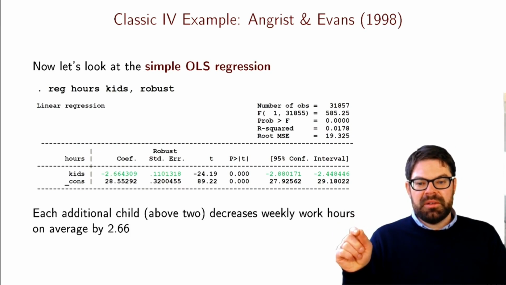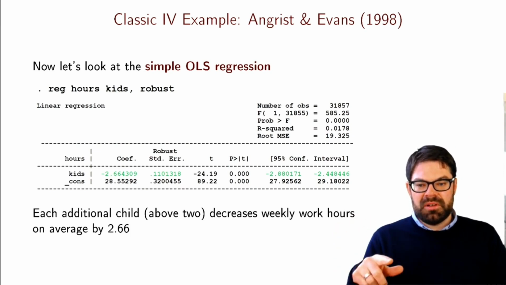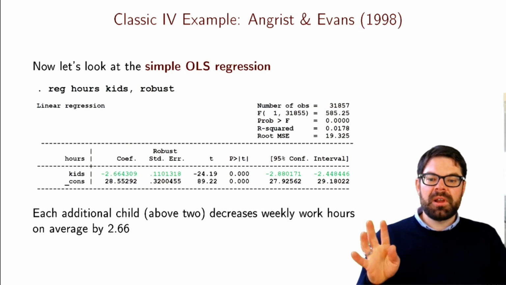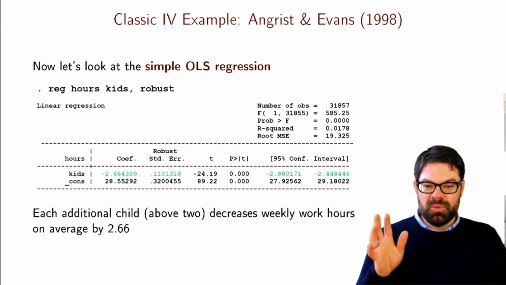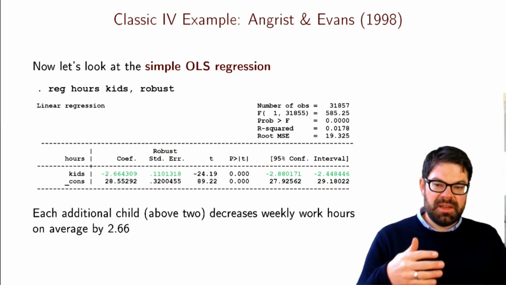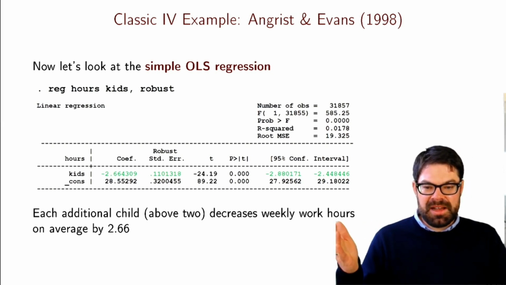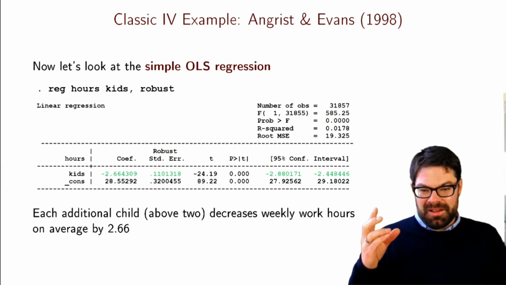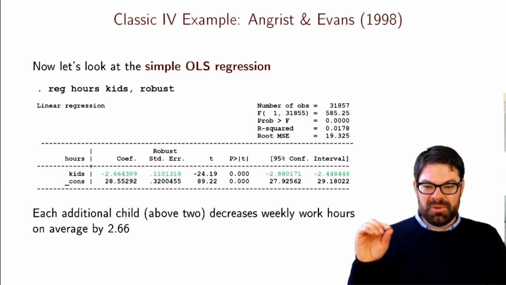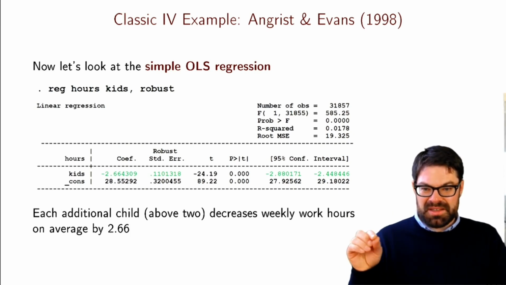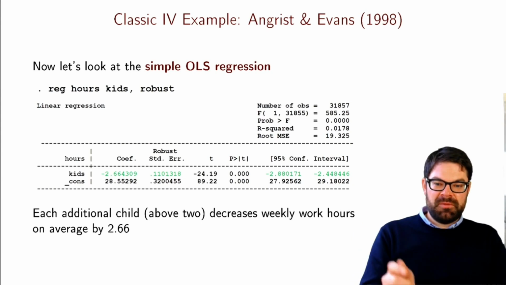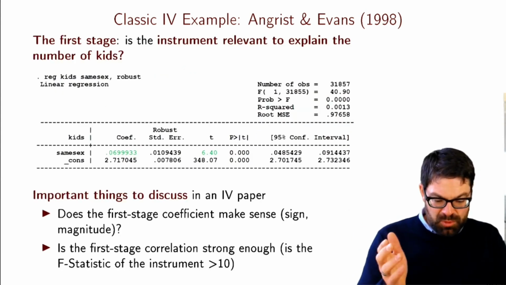Here we regress the number of work hours on the number of kids, and we see that every additional child above 2 decreases weekly work hours on average by 2.66. The average woman with no kids works 28.6 hours, but with every additional kid, the number of hours decreases on average by roughly 2.7.